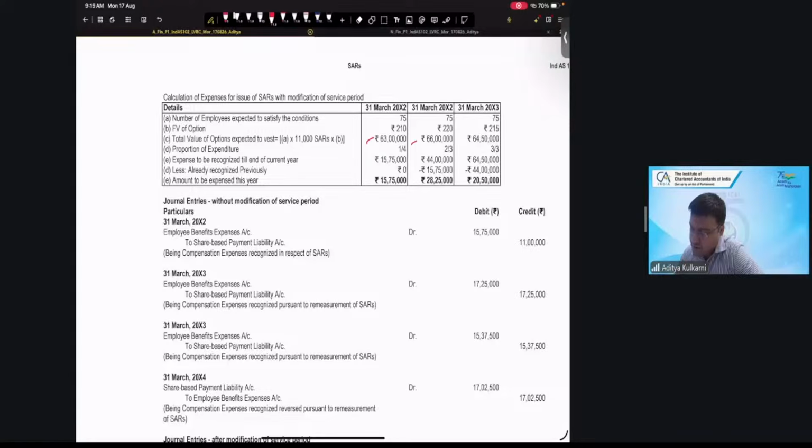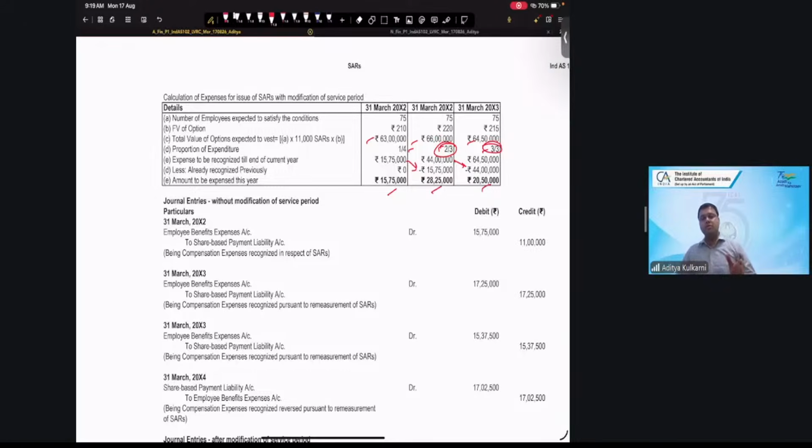Total value of options, this proportion 1/4, 2/3, 3/3. So that comes to 1575. Then 28 lakh 25 and 20 lakh 15, which is basically after knocking off what was previously recognized. The important changes are this two-third and three-third.